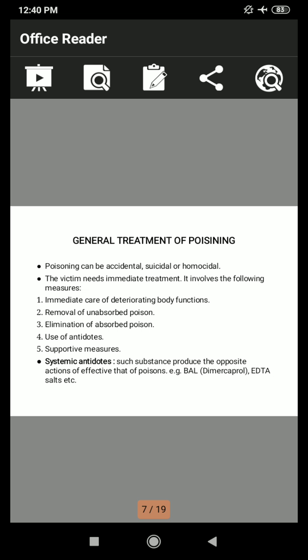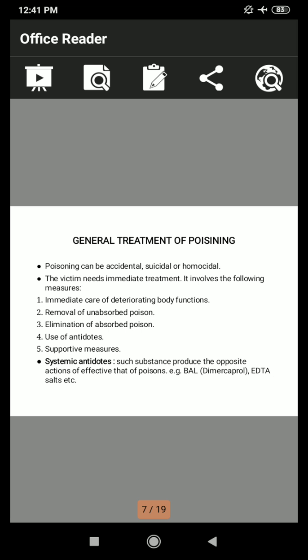It involves the following measures. First is immediate care of deteriorating body functions, then removal of unabsorbed poison, then elimination of absorbed poison, then use of antidotes, and last is supportive measures. Then systemic antidotes. Such substances produce an effect opposite to that of the poison.